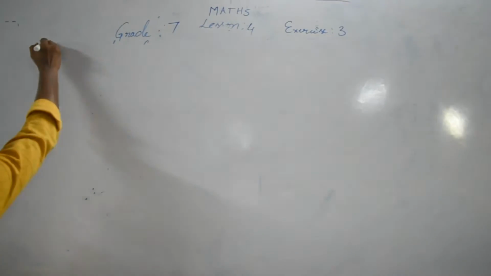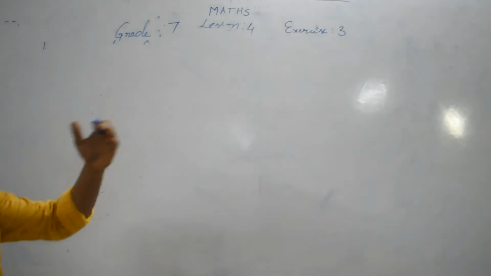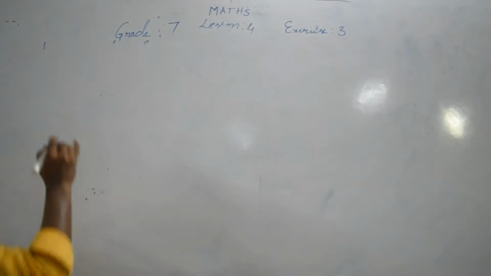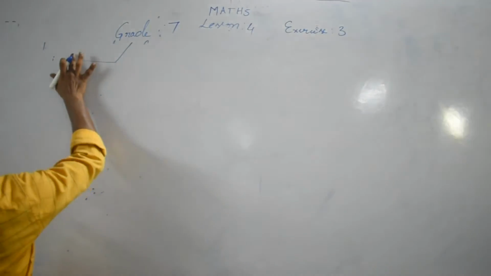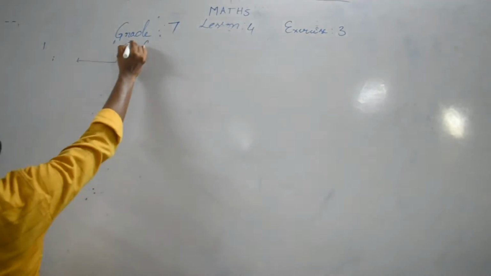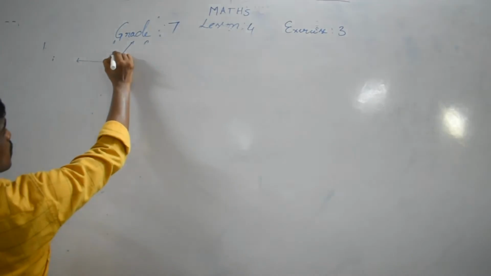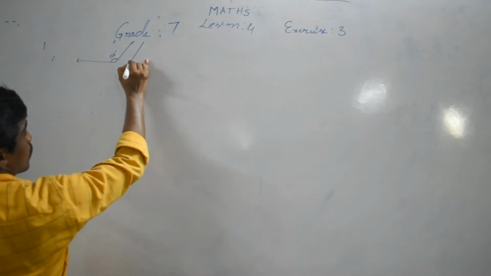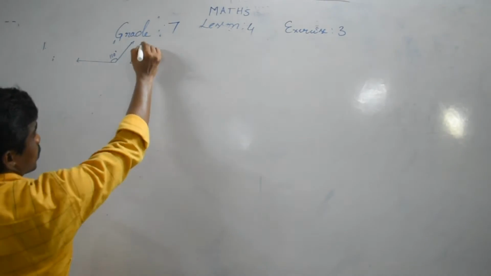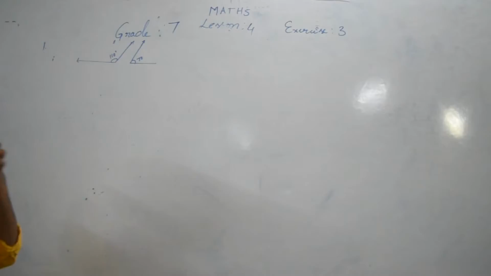So here exercise 3, first problem. Two angles are given. One angle is 110 degrees and another angle is 70 degrees. They are asking whether these are supplementary.